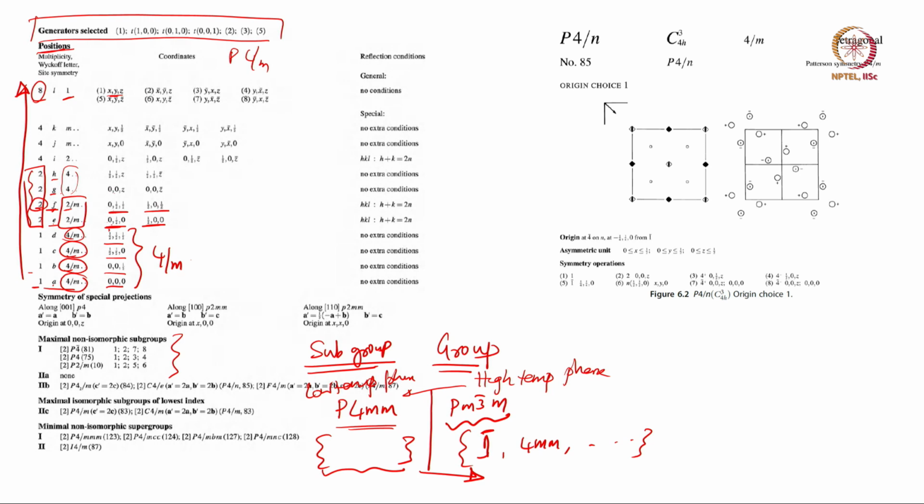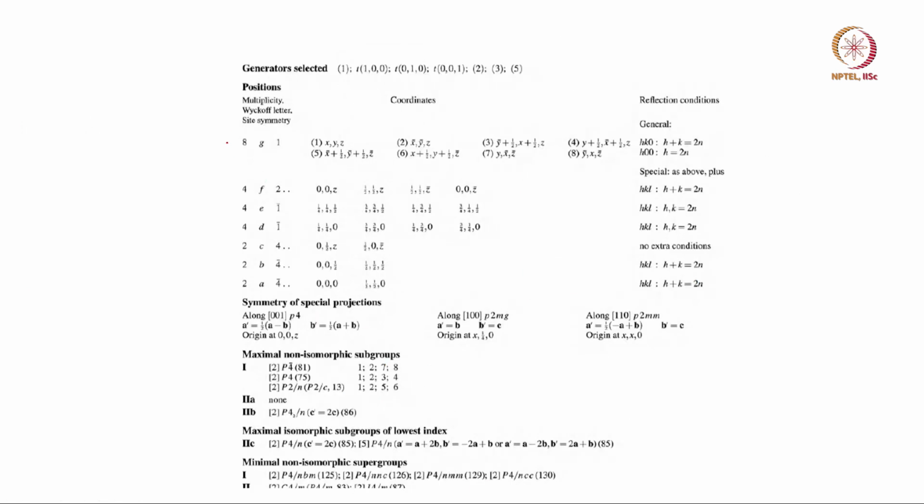Okay. So similarly P4 by N, so instead of M I have a glide operation here. So here I can define my origin, right. So my origin is at 4 bar on N, so this is at some position which is here, and with respect to that you can know all the symmetry operations that exist, what the asymmetric unit is, right, and what the different Wyckoff symbols are.